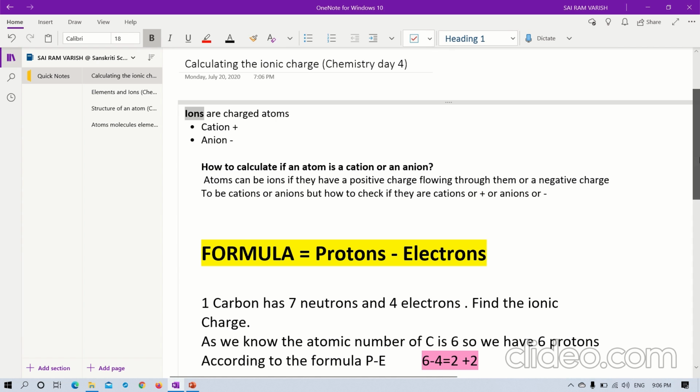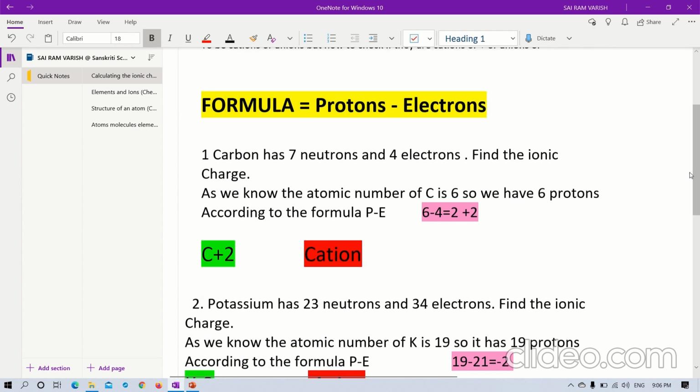Let's deal with some problems so that we get perfect at this calculation. Let's start with our first question. Carbon has 7 neutrons and 4 electrons. So this is an isotope of carbon.